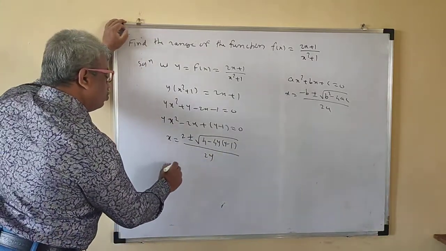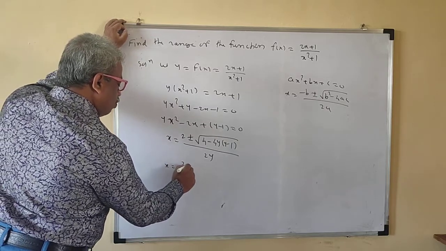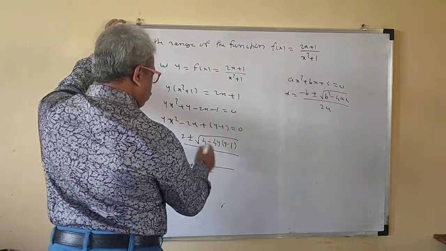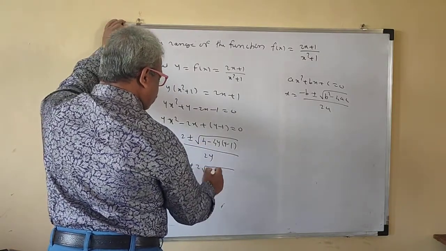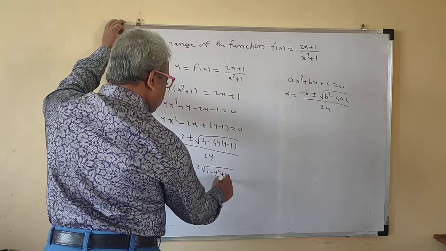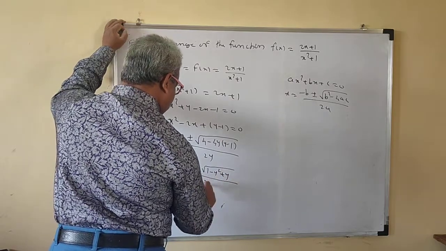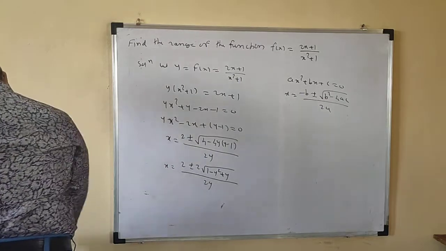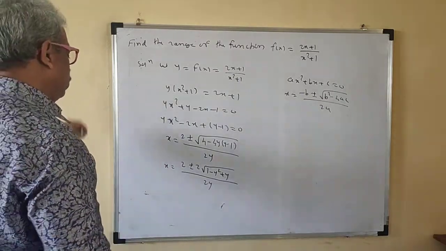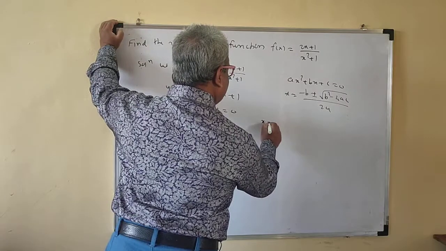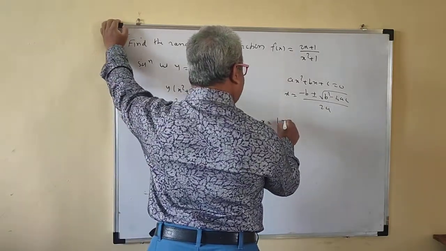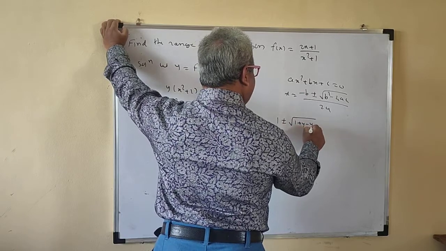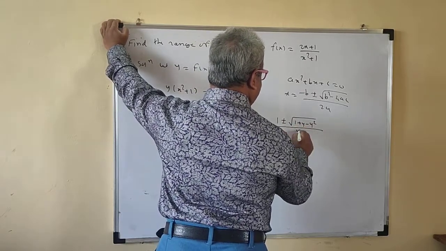So x is equal to 2 plus or minus 2 root of, I can take the 4 outside, 1 minus y square plus y, upon twice y. So x is equal to 1 plus or minus root of 1 plus y minus y square upon y.